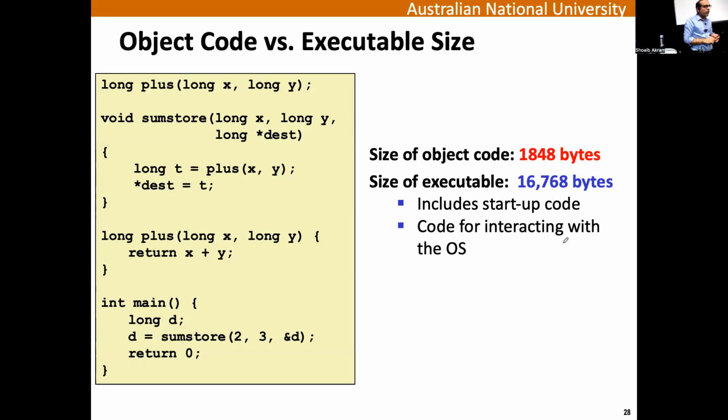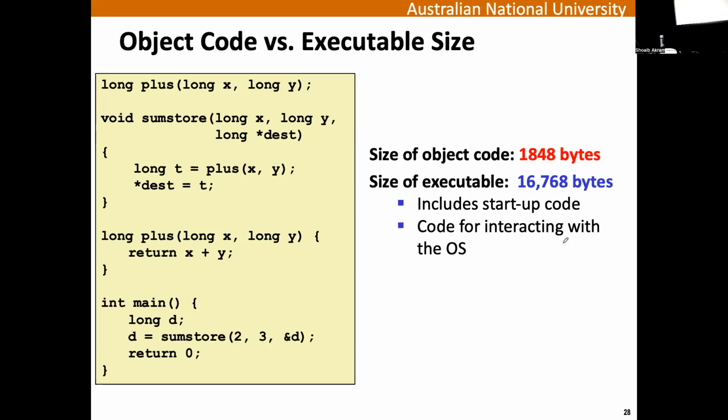If you write this program and produce the object code only, and look at its size, I did that last night, and it was less than 2,000 bytes. And if you look at the size of the executable after running the linker, the size is 16 kilobytes.